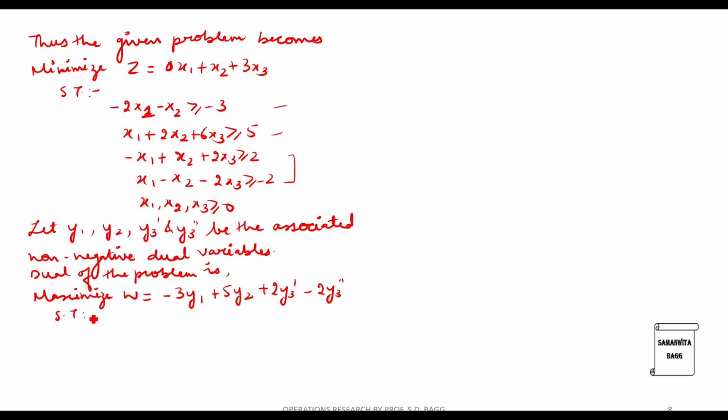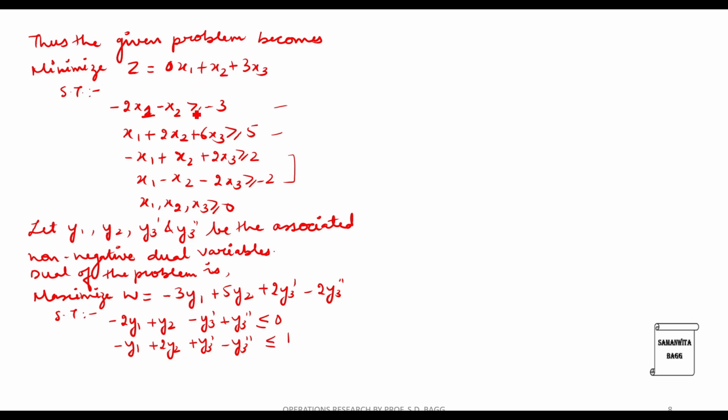Next, subject to constraints, we'll start from here. So it is -2y1 + y2 - y3' + y3'', and this will be maximization, so less than or equal to, the first value is 0. For the next one, -y1 + 2y2 + y3' - y3'' ≤ coefficient from your 1.